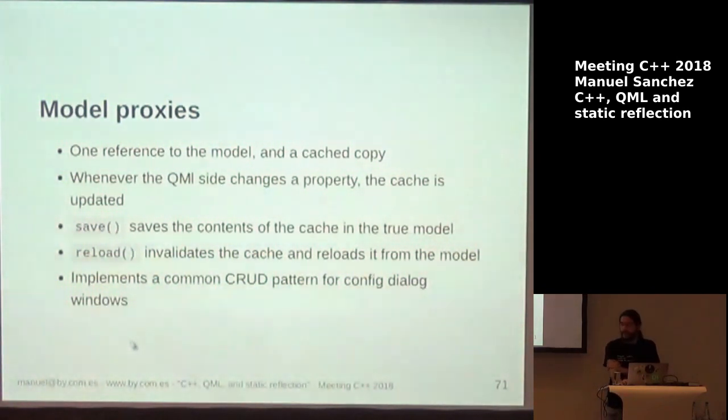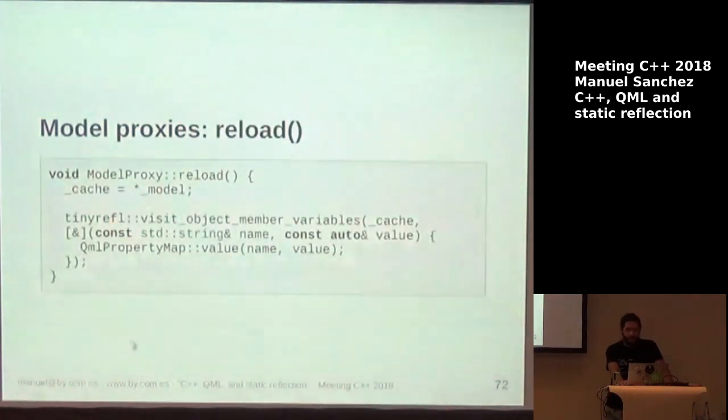I designed it that way because most of the application stuff touching a model is about a wizard or a dialog changing properties like the network stuff. So reload. How do we reload a proxy? Just assign the model to the cache.